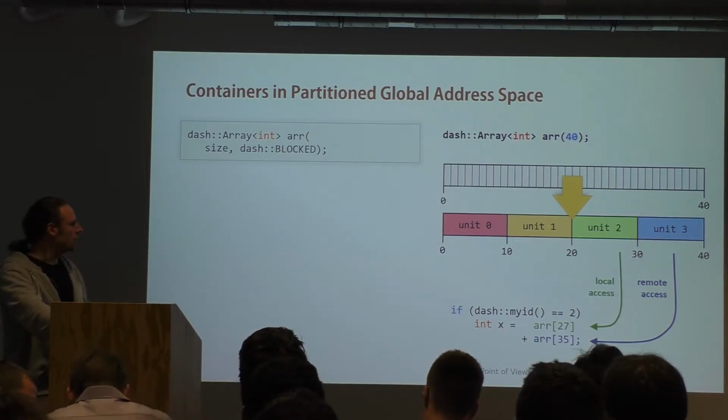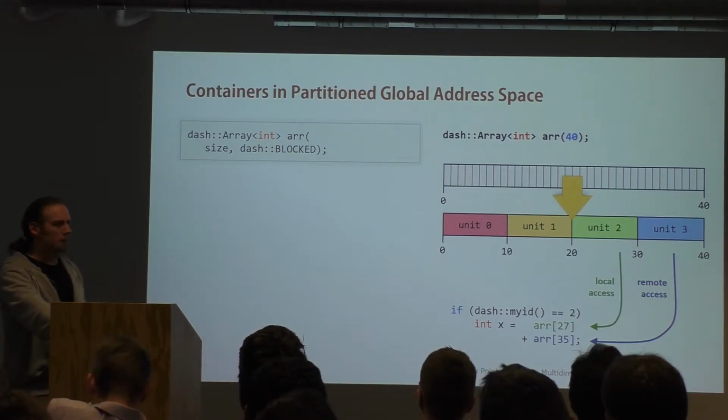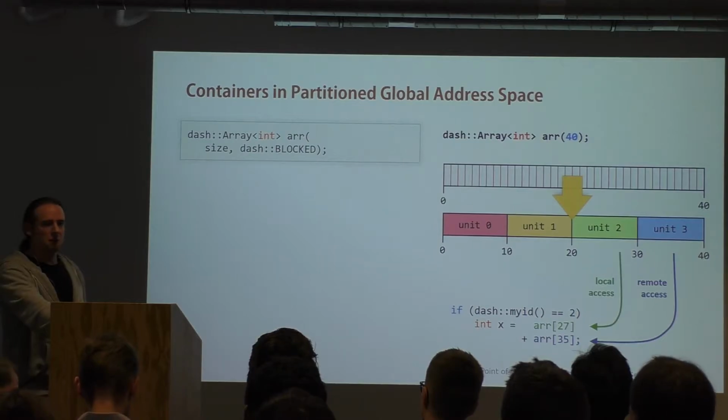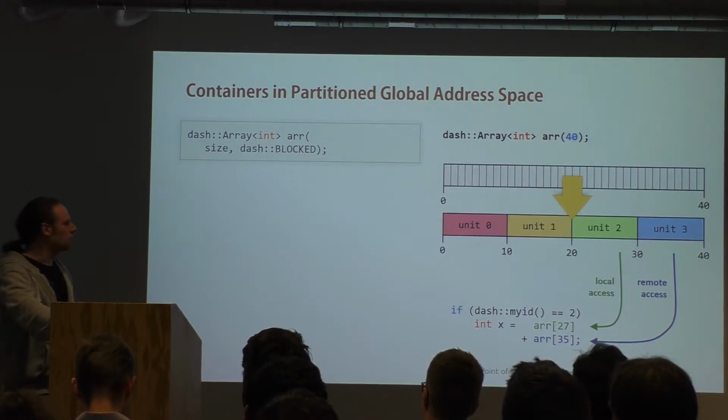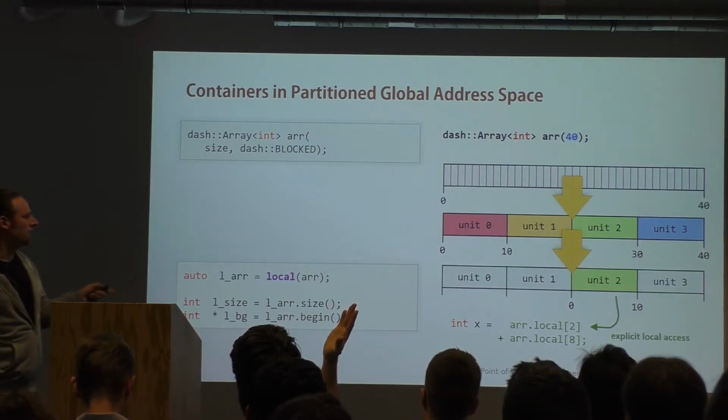But the actual problem here is, we of course also have global iterators. So if you would pass, say, an STL find a global pointer to an array, it would just do lots of remote accesses, and you wouldn't be any wiser. So it wouldn't be too efficient. So you also need an explicit local access.